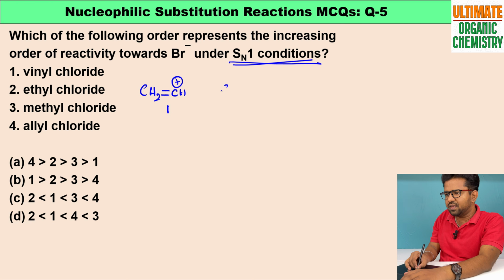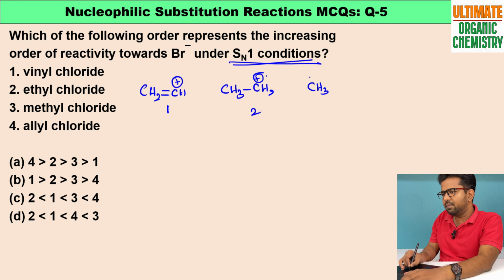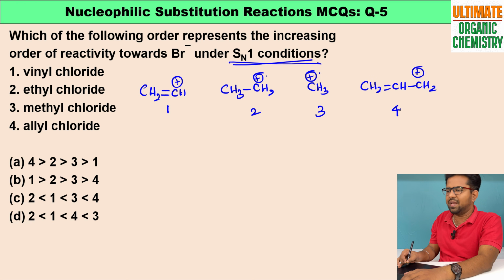The second one, ethyl chloride, will give ethyl cation. Third one, methyl chloride, will give methyl cation. And fourth one is allyl chloride, which will give allyl cation.